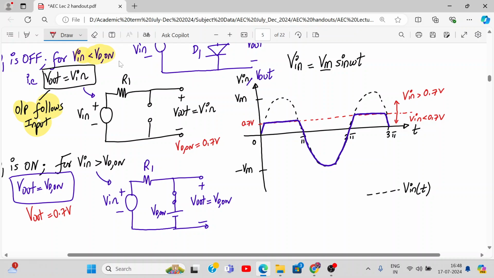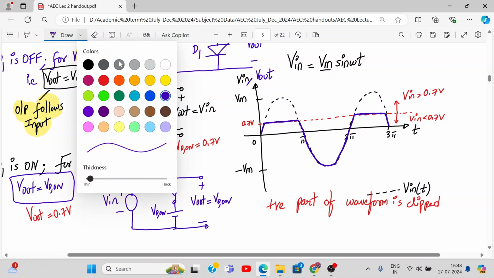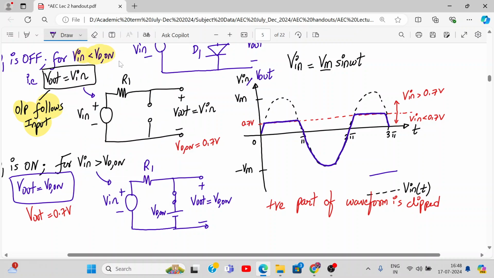So which part of the output waveform is getting clipped? That is called the positive part of the waveform, right? Positive part of the waveform is clipped. Can I say that? Yes or no? And this blue color curve is my V out of t.